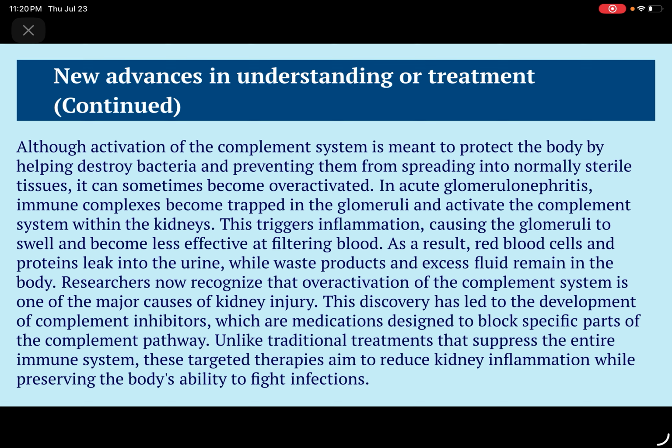Because researchers now understand how the complement system contributes to the kidney damage, they are developing new medications called complement inhibitors. These drugs target specific immune proteins instead of suppressing the entire immune system, which may reduce the side effects while still protecting the kidney.